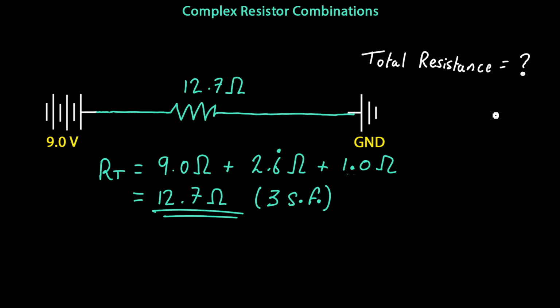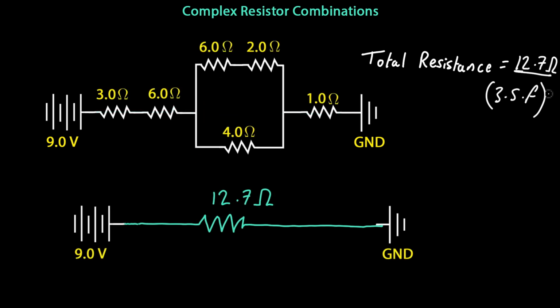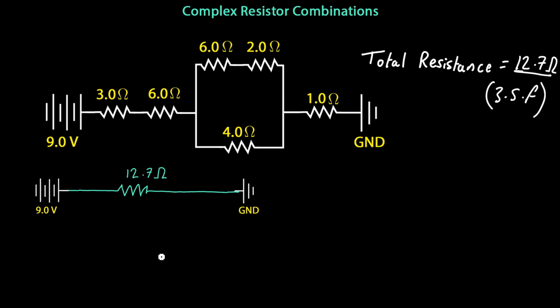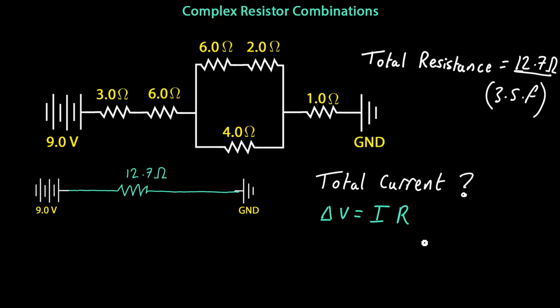Now we could go a bit further here and try and work out the circuit's total current, given the fact that the circuit is powered by a 9-volt battery and has a total resistance of 12.7 ohms. So how can we do this? How can we calculate the circuit's total current? Well, we can use Ohm's law, which is delta V is equal to the current multiplied by the resistance, and rearrange this equation to make the current the subject of the equation.